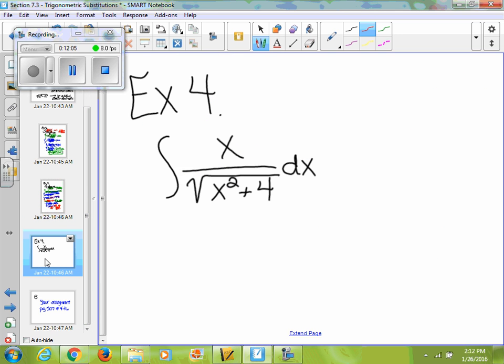Okay, let's do one more. So I have x over the square root of x squared plus 4. Again, I'm going to rewrite this as x squared plus 2 squared, therefore letting my a be 2.